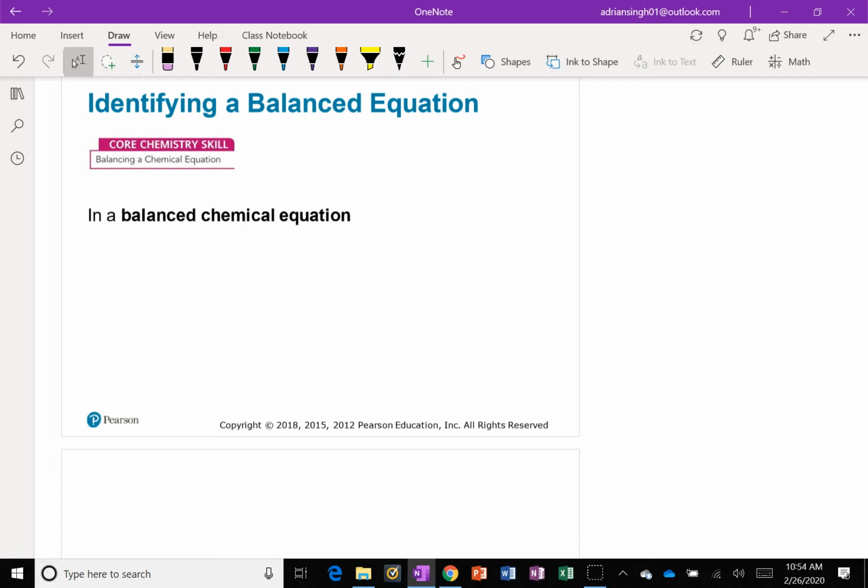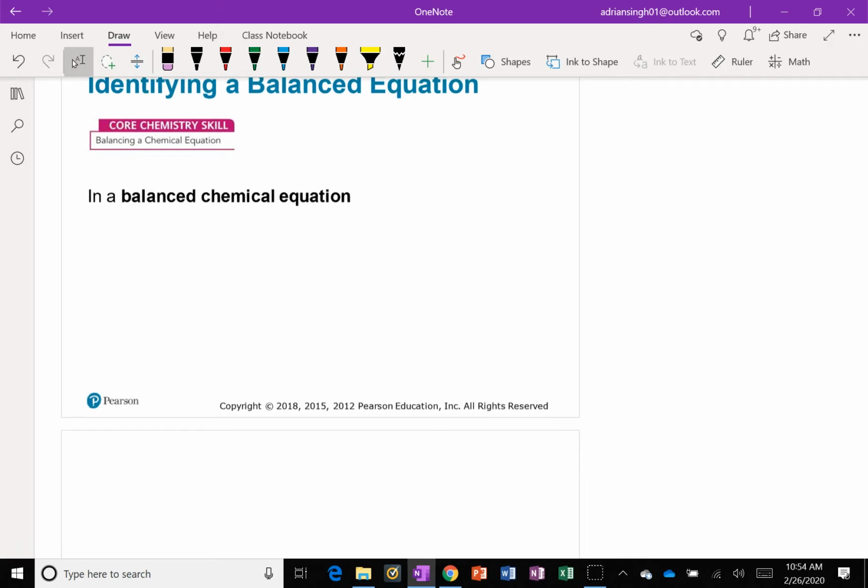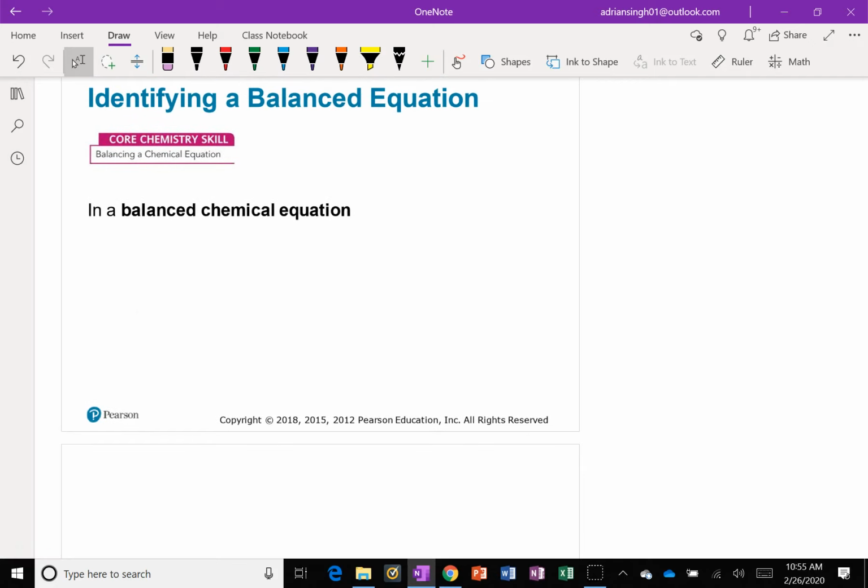We need to address one very, very important thing when it comes to equations, which is we cannot violate one of the more important laws in chemistry and science as a whole, which is the law of conservation of matter.